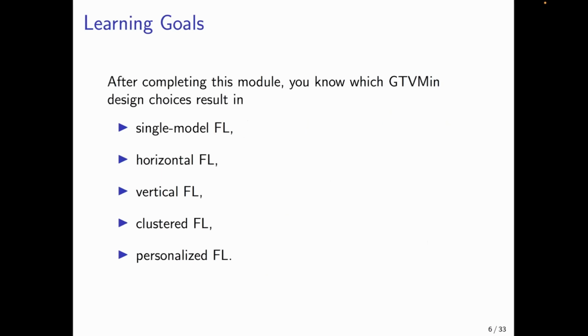And today we will see how different design choices for the local loss functions, the local models, the edges, and the local datasets used to compute the loss function result in different flavors of federated learning. These flavors are single model federated learning, horizontal federated learning, vertical federated learning, clustered federated learning, and personalized federated learning.